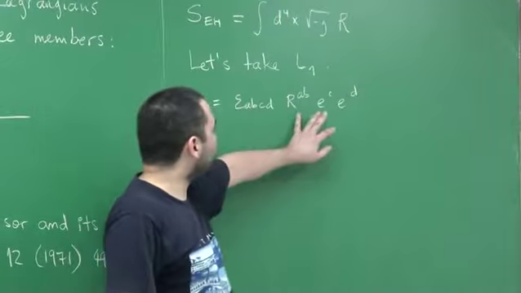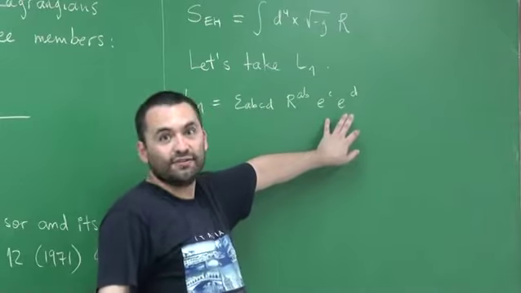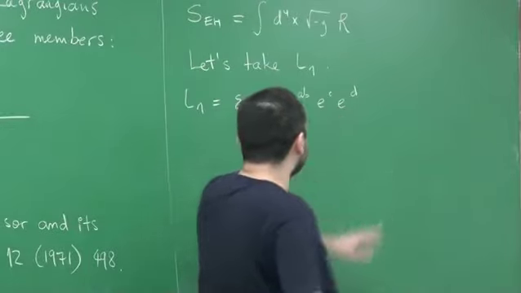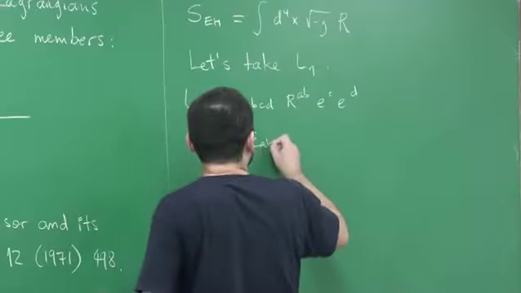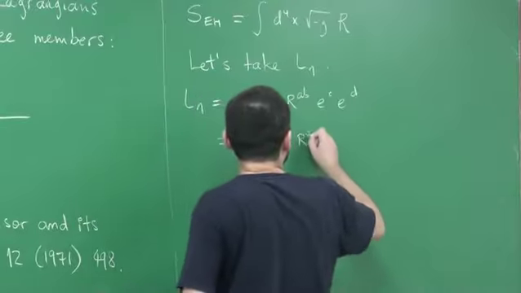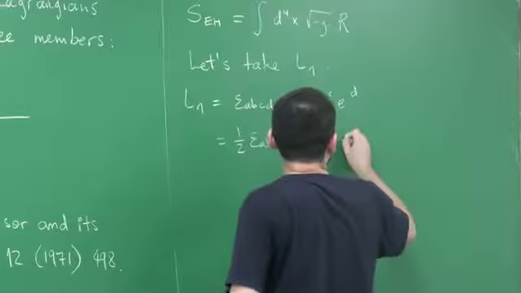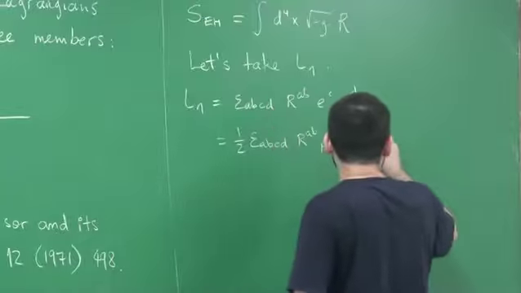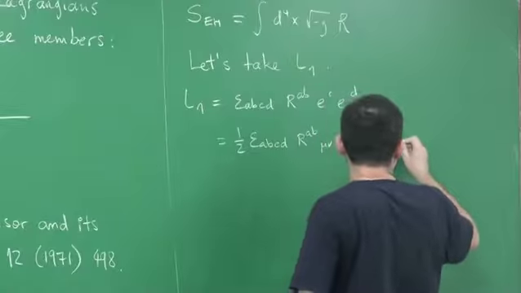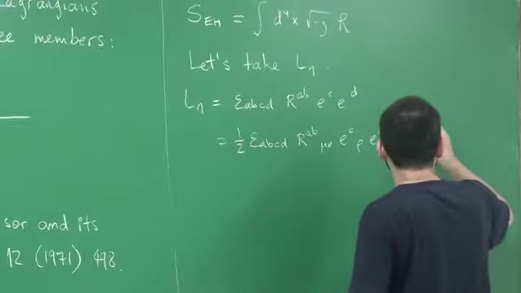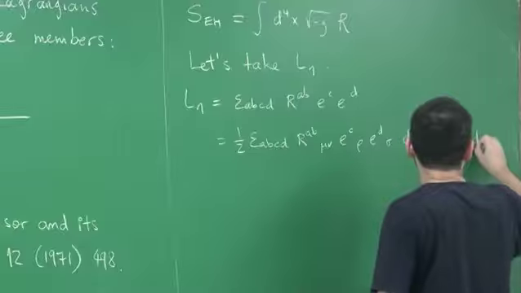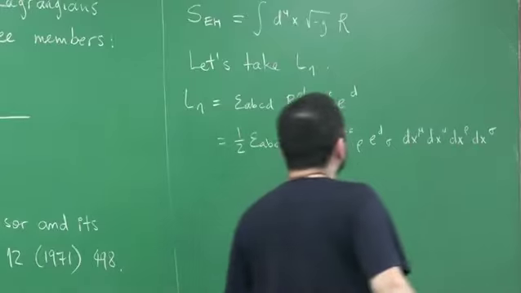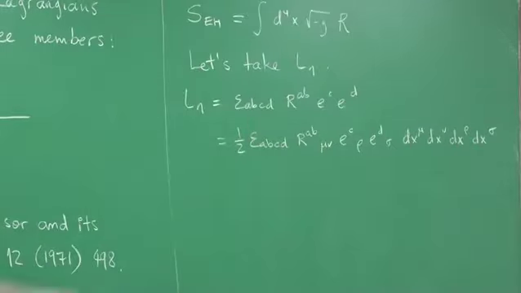I'm going to write down all the indices of these forms explicitly, with all the differentials.